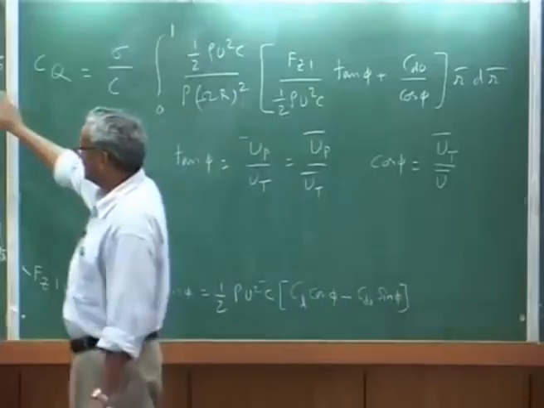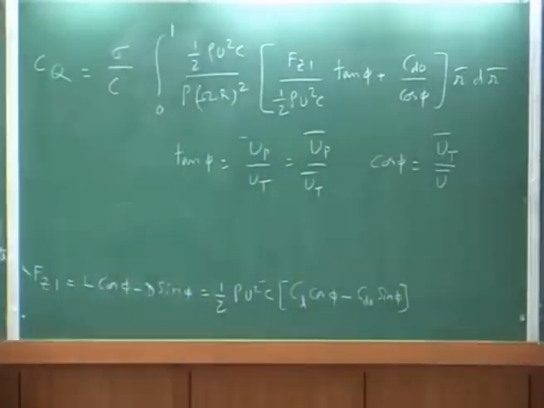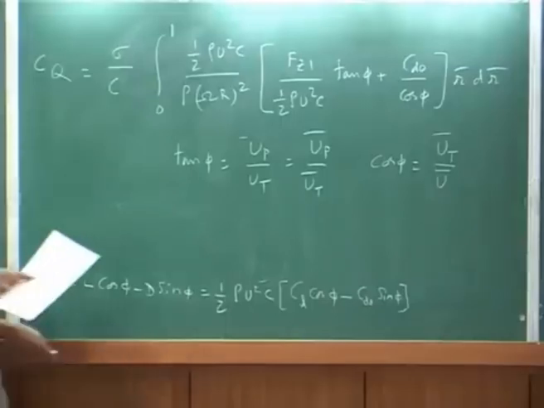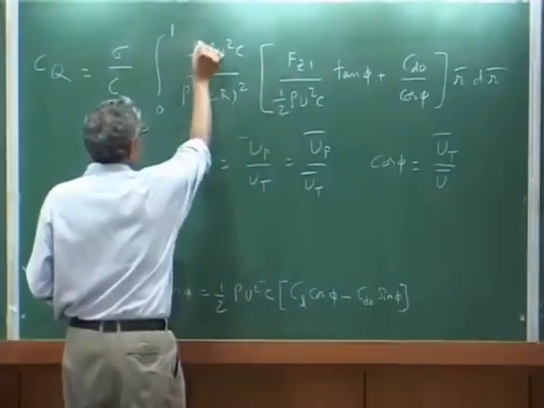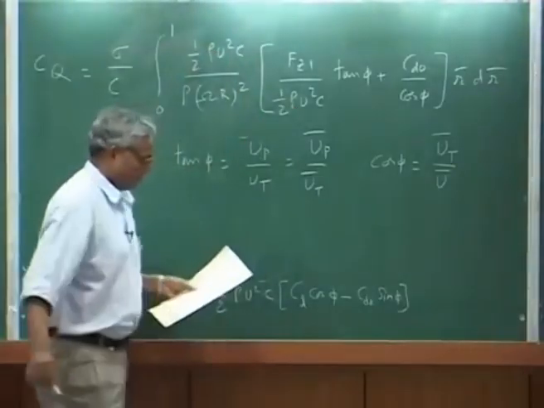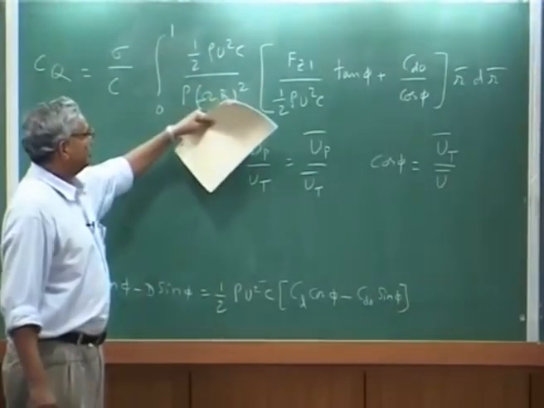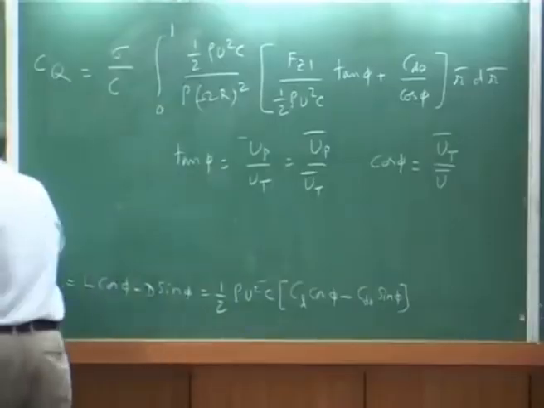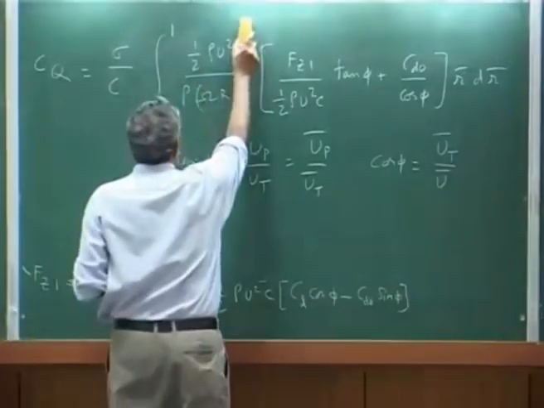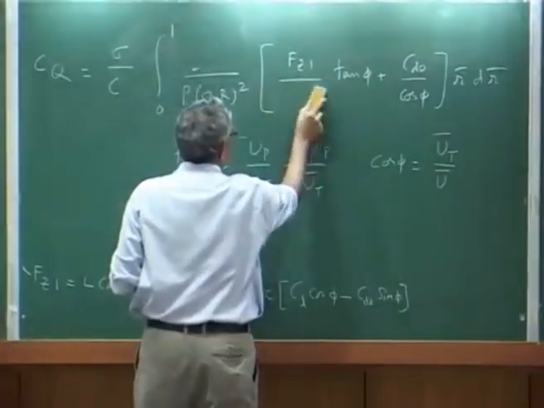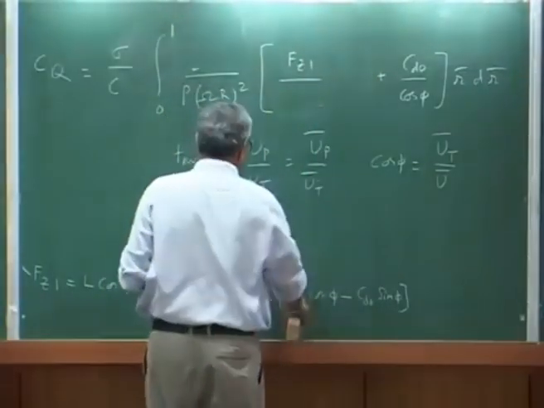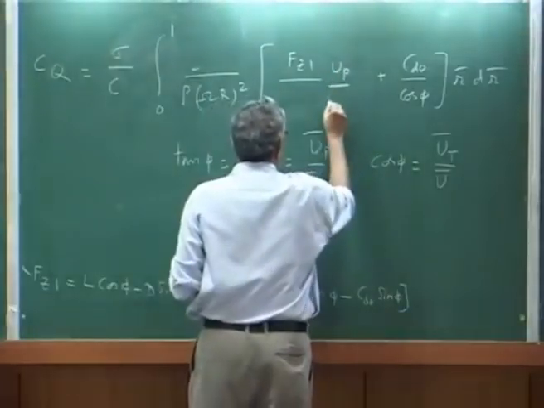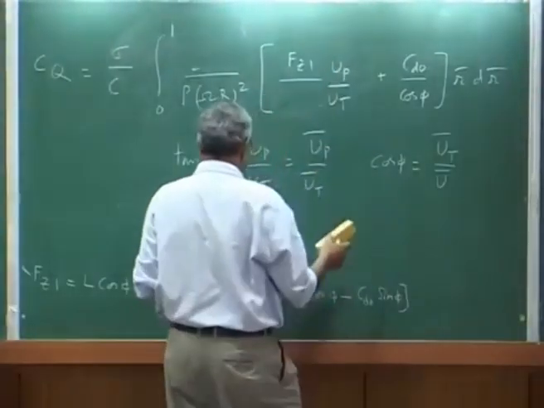After that, let me erase this part because this is not required now. I just leave it at that stage and get back to another expression. If I put all of them, because you know that this term gets cancelled with this term, you will have 1 over rho. You can put it u p over u t, or you can put the bar also, there is nothing wrong.